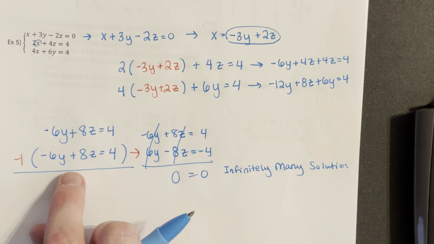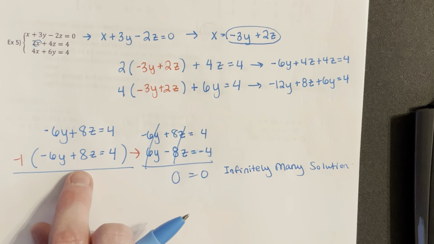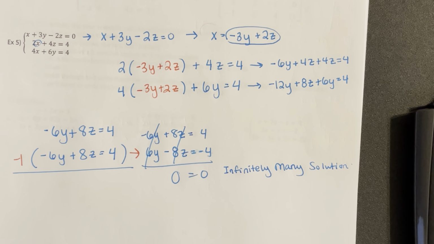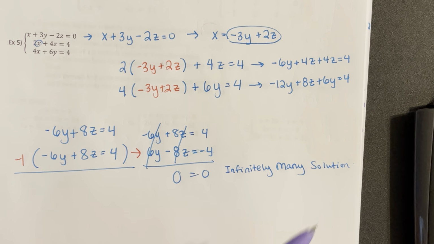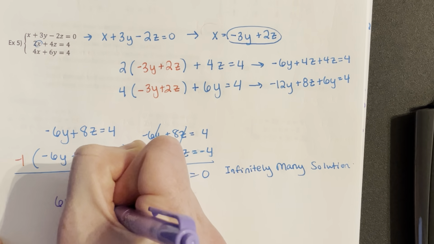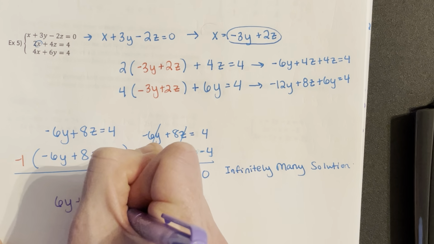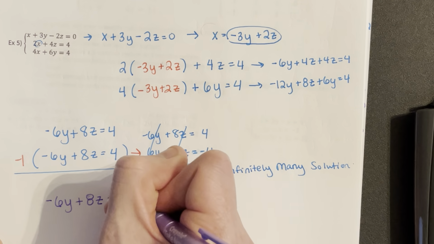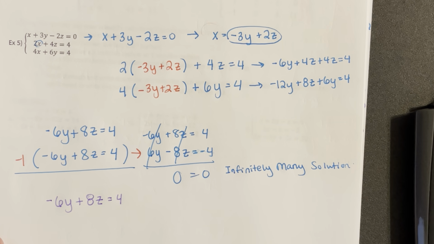The reason I kind of did that earlier is because this y is already in terms of z's. So I can take either one of those equations, doesn't really matter, and put it in terms of z's. So let's say I have negative 6y plus 8z equals 4. And we solve for y.